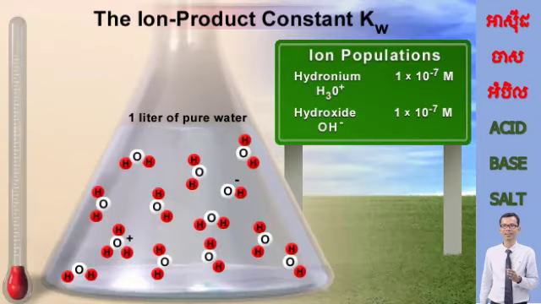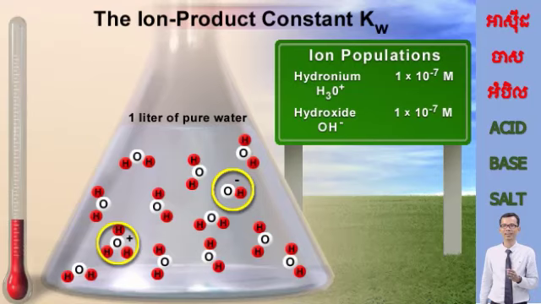The ion product constant, Kw, relates the molar concentration of hydronium ions to the molar concentration of hydroxide ions.